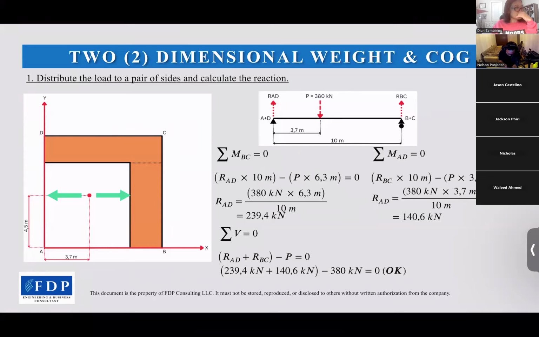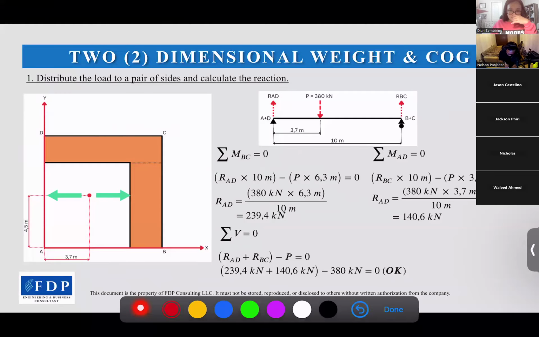So like I said before, we can choose to distribute to this side first or to this side, right?